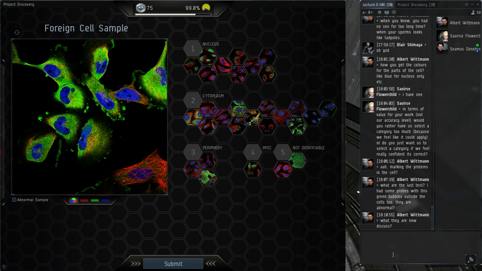Gotcha. But I'm guessing that also means that some of these secondary antibodies that contain the fluorophores, the glowy stuff, haven't reached a target and they're just floating around in random places in the cell when you image them. Is that also correct? No, I would say as long as the primary antibodies are binding something in the cell, the secondary antibody will always bind the primary one, because that's sort of like a jigsaw puzzle. Those two are always binding each other. The question is more of the primary antibody finding its actual target in the cell.